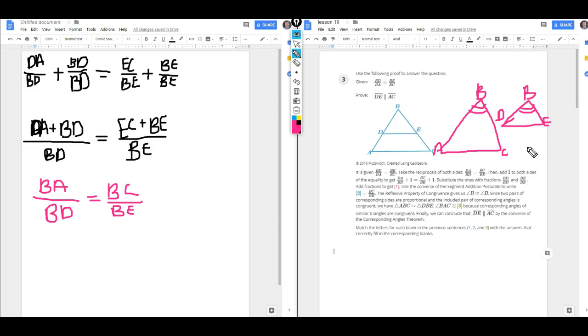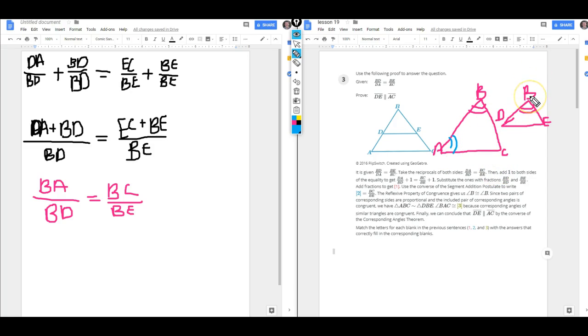And so we know that we're looking for angle BAC is congruent to blank. So we're looking for angle BAC's corresponding angle. So first of all, what is angle BAC? B to A to C. We're looking for this angle, and we want to know its corresponding angle.